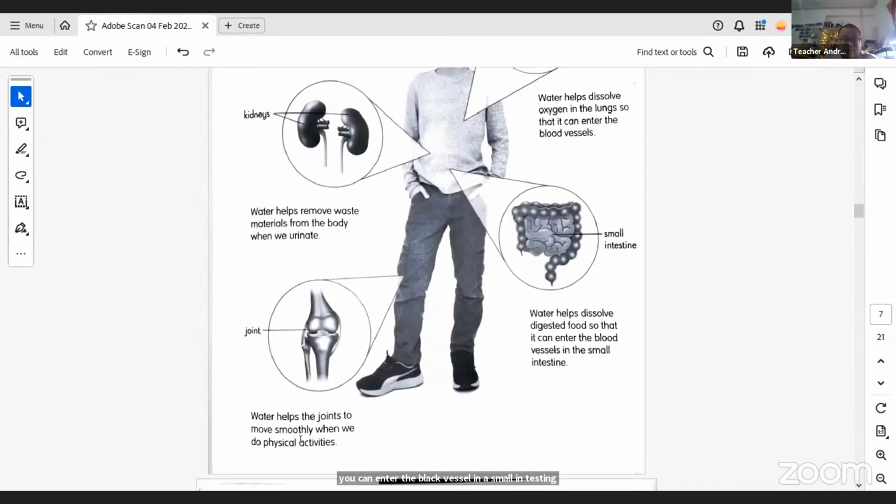And lastly, water helps to move our joints smoothly. When we do an activity like this, and I'm moving my knuckle, there's water inside to make it smooth. It's like a natural lubricant like that. All right.